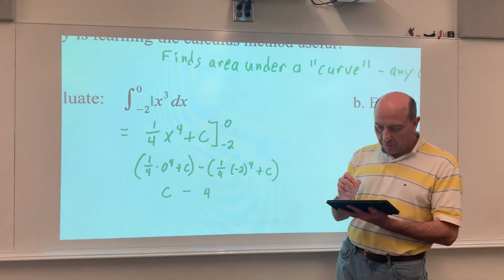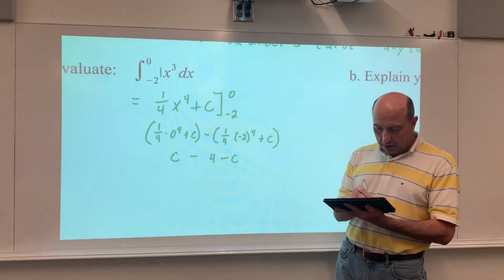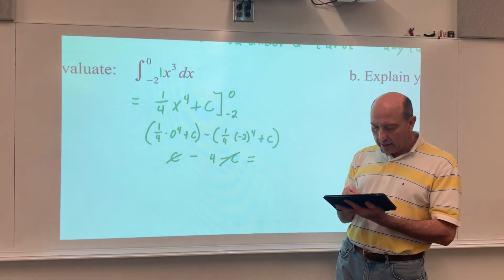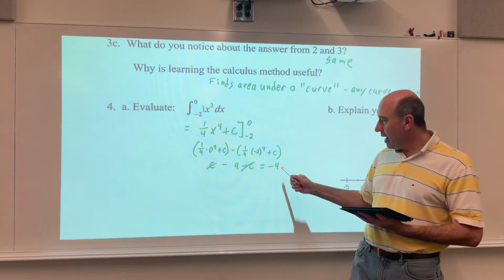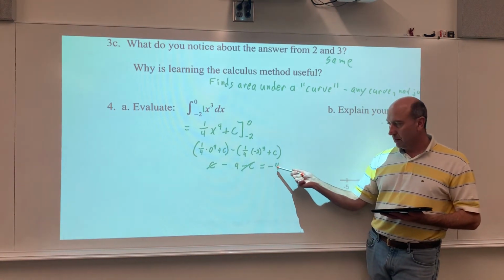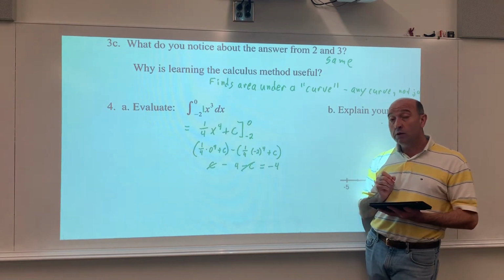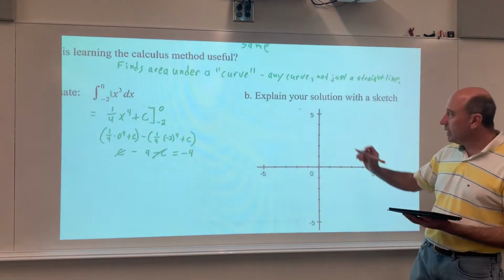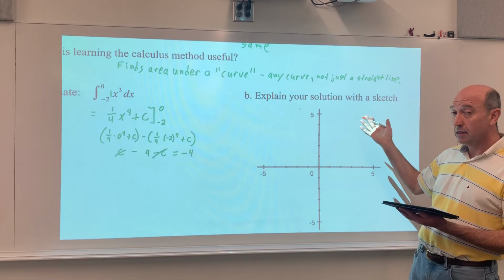So now c minus c cancels, and we get -4. That is the area between the curve and the x-axis. Areas can't be negative, so that's very peculiar. Let's explain the solution with a sketch if we can.